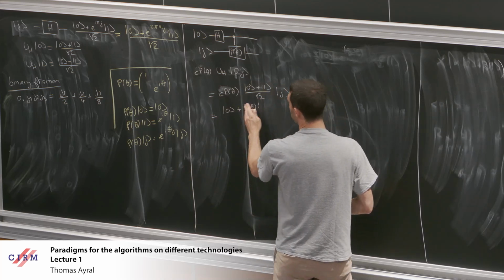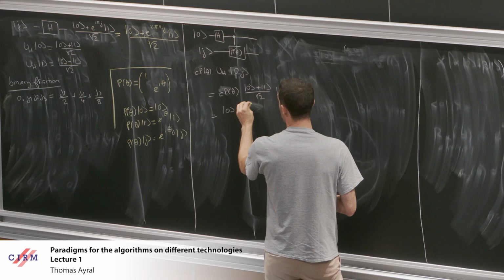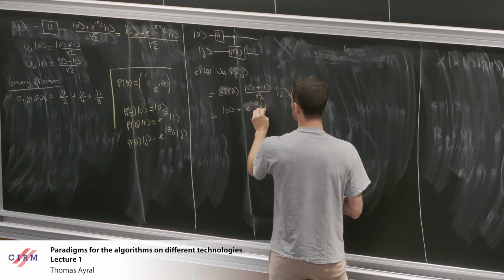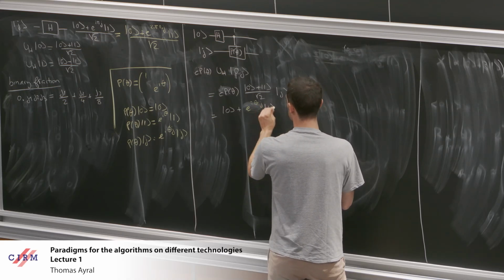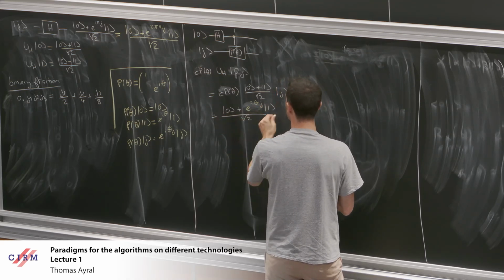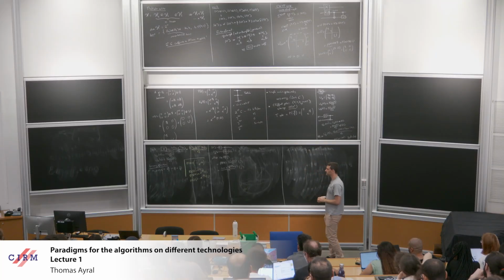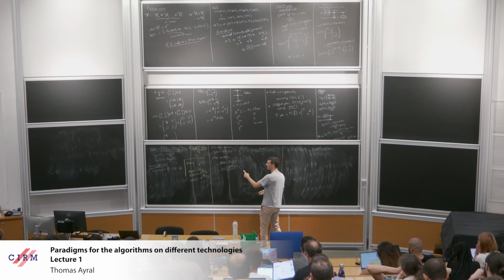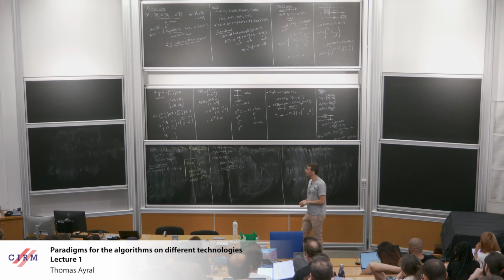So now what I end up with is exponential of i theta j times 1, times 1 over square root 2 times j. So you see it's a bit of a strange example, because the output state, is it entangled or not? If you look at this state straight in the eye, is it entangled or not?